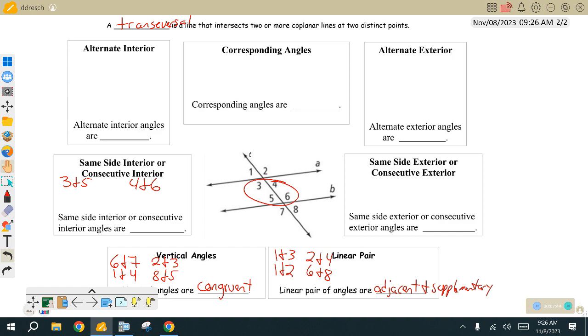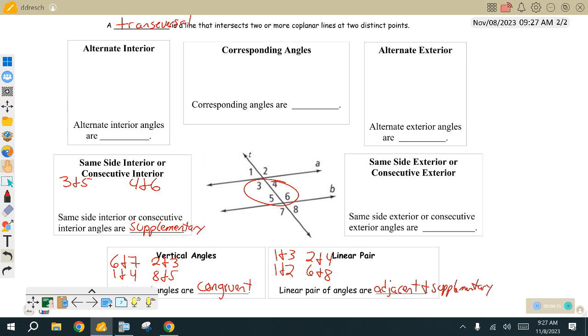Now, if we were to get our protractor out, measure angle 3, measure angle 5, and look at our protractor measures, what we would find is there's a relationship there. They're not going to be equal. There's one instance where that happens. But there is another relationship there, and the relationship is they will always turn out to be supplementary.